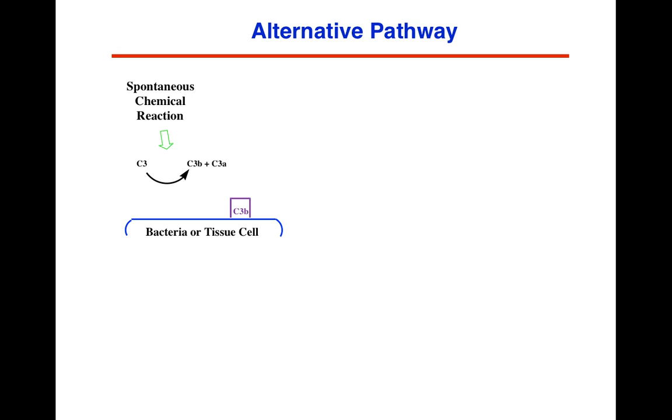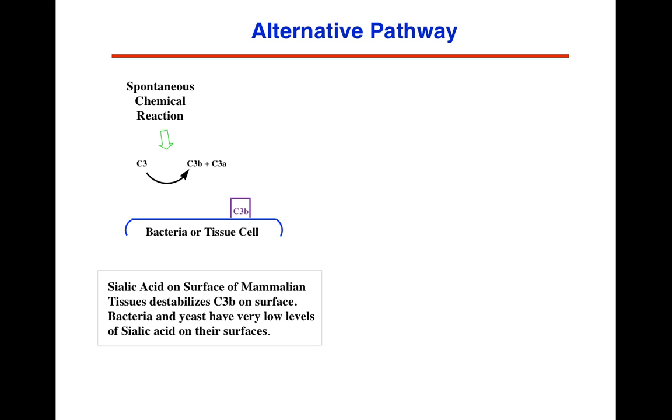However, bacteria don't produce that glycan, and so they become more prone to having C3b adhere to their surface. Bacteria have little or none of it, and that environment is a way of preventing binding of C3b to the surface of mammalian cells.